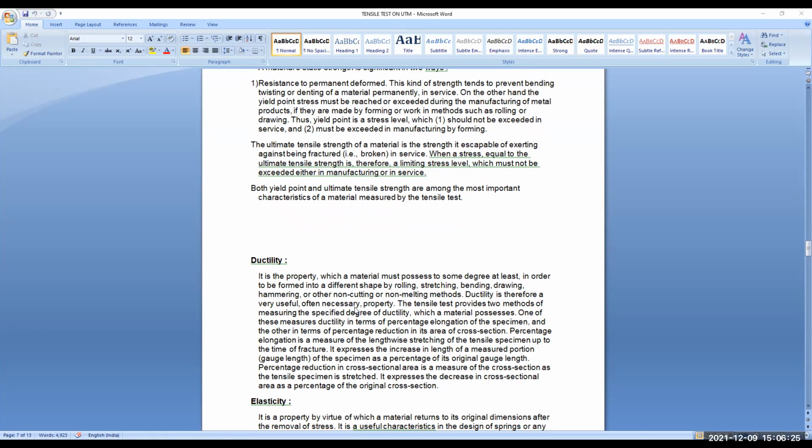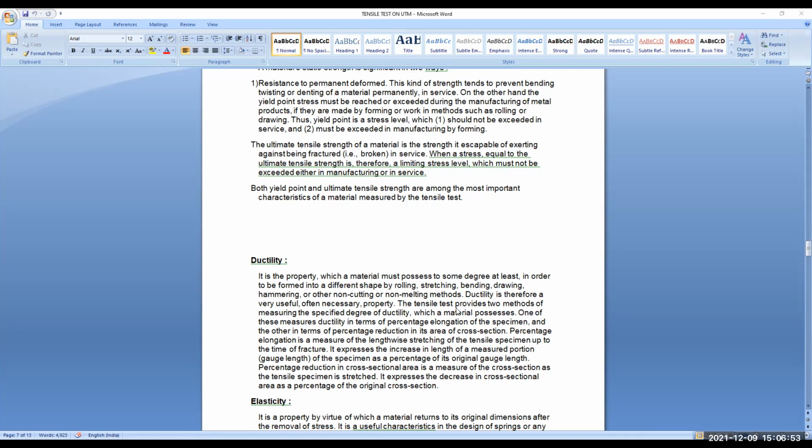Cutting the metal in a lathe or other machine tools into different shapes does not cover this phenomenon. This phenomenon is covered by forming the metal into different shapes like stretching, bending, drawing, hammering or forging. Ductility is therefore an extremely useful and necessary property.